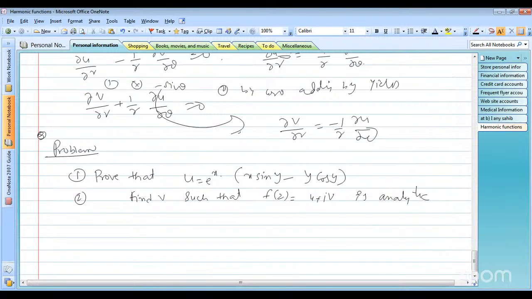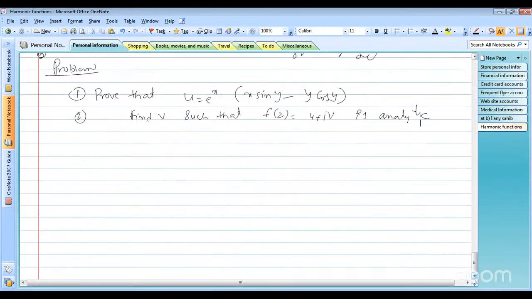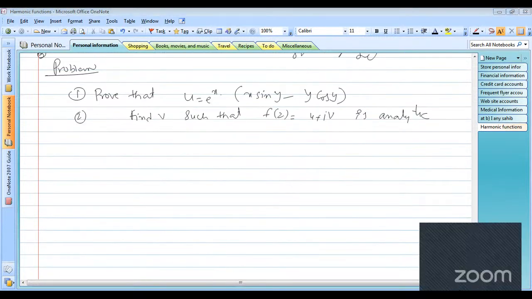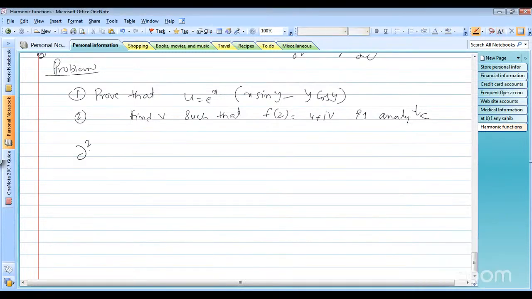So see here, in the first one it is verified that ∂²u/∂x² plus ∂²u/∂y² is zero.